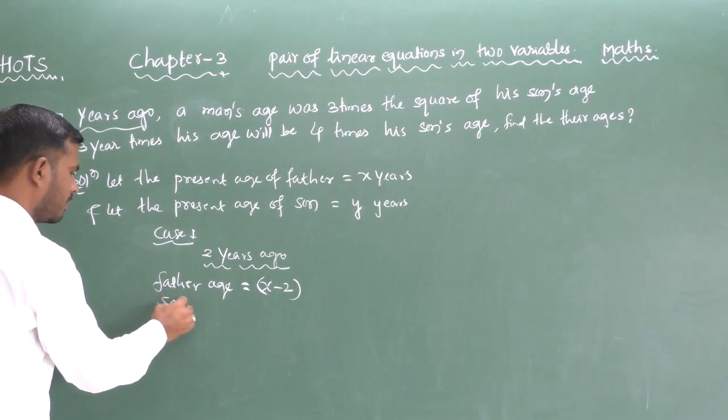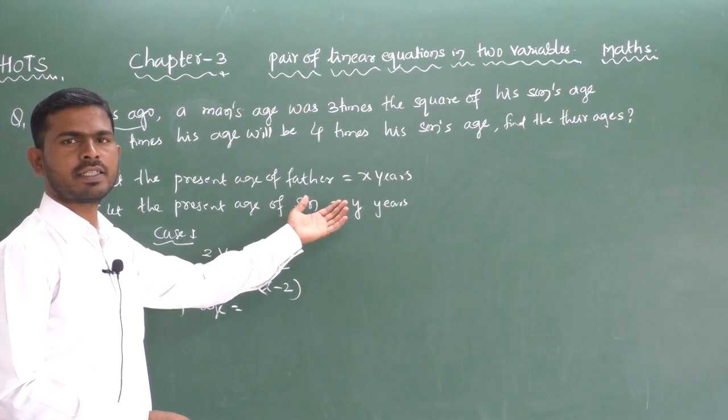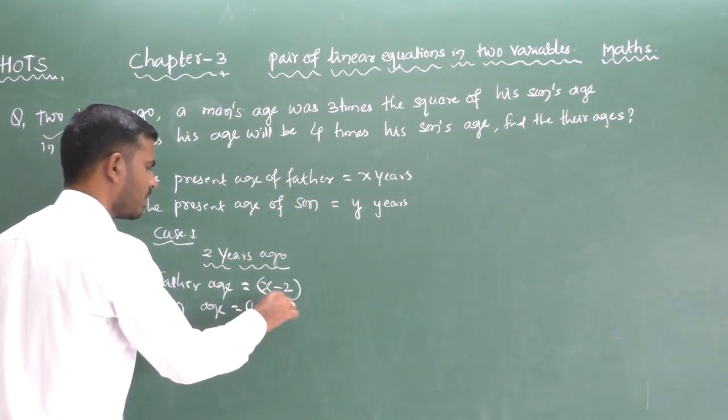Next, son's age: present age of son we consider as y, so 2 years ago means y minus 2.